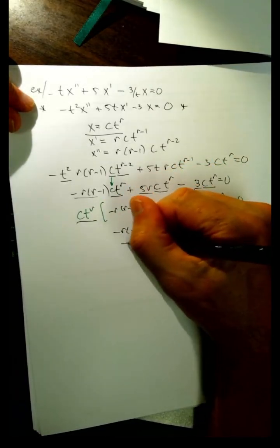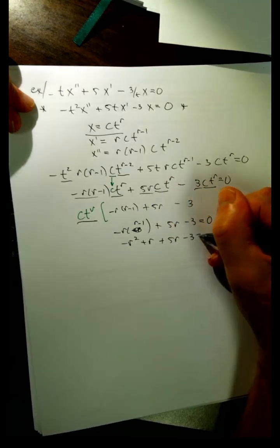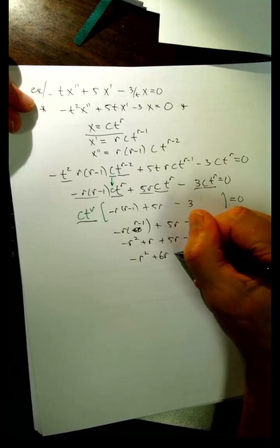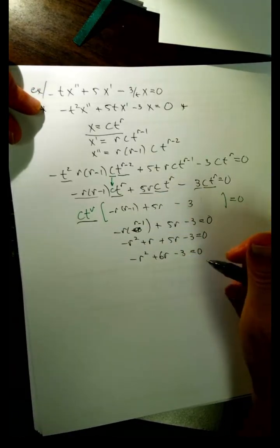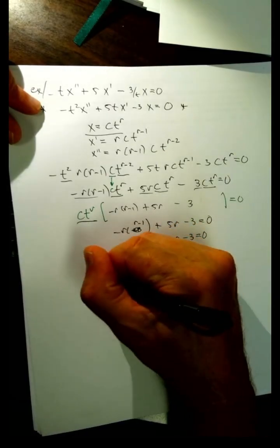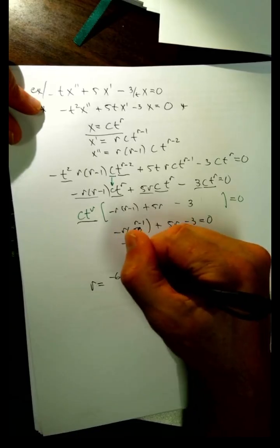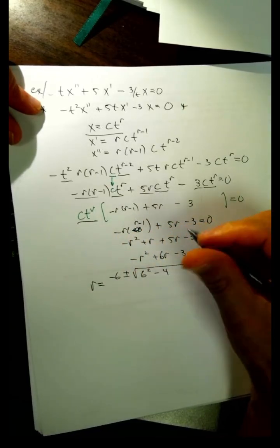Let's expand this out. This becomes minus r squared plus r plus 5r minus 3 is 0. So I get minus r squared plus 6r minus 3 is 0. Again, I don't see an obvious way to factor that. So r is, my b is 6, so I get minus 6 plus or minus b squared minus 4.